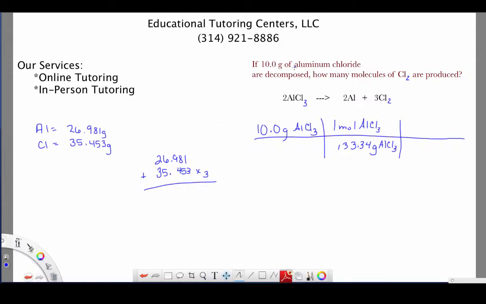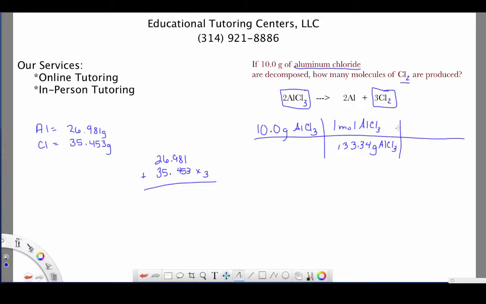Now the next thing I want to do is look at my mole ratio. So we're looking at aluminum chloride and our Cl2. Here we see that we have 3 moles, and over here we have 2 moles. So we have a 2 to 3 ratio. Now we have to decide, how are we going to set this up? Well, we're looking to see how many moles of Cl2 are produced.